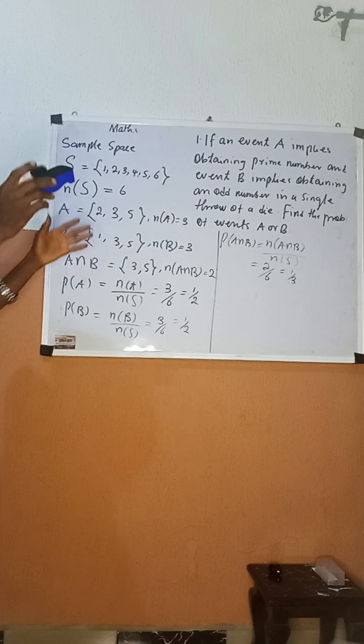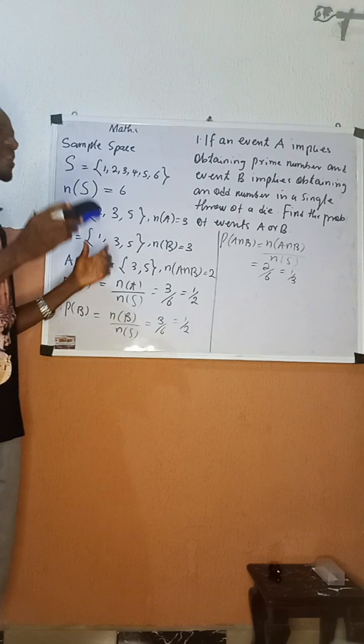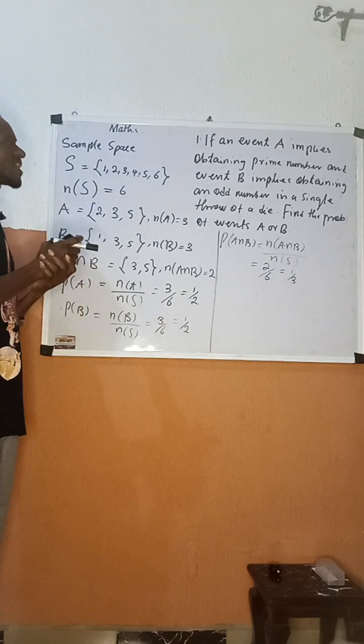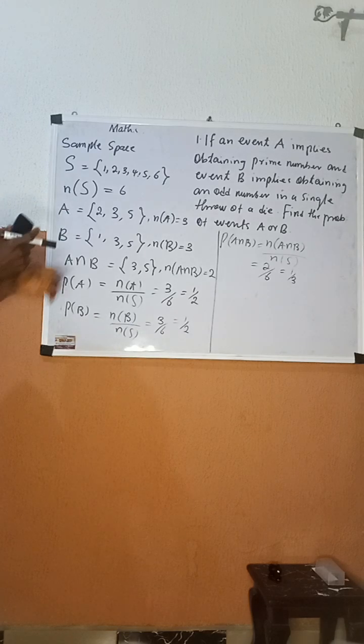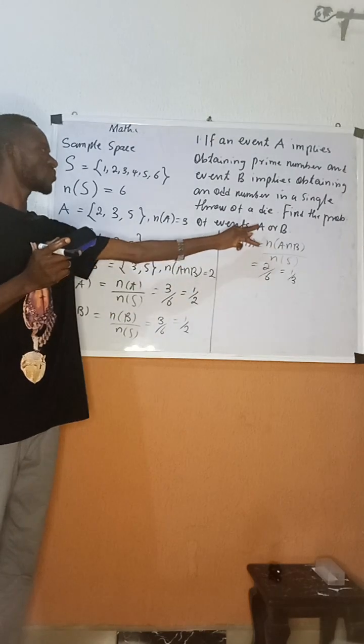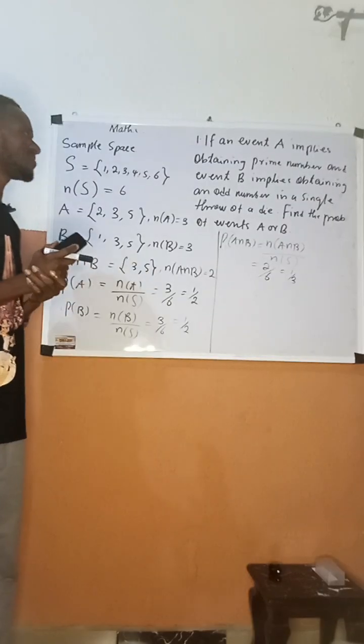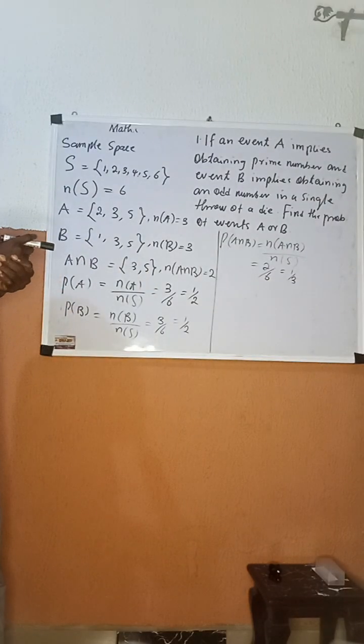We are given a formula for obtaining the probability of A or B in a non-mutually exclusive event. We need to bear in mind that when we use the word A or B, we are talking about either A occurring or B occurring.